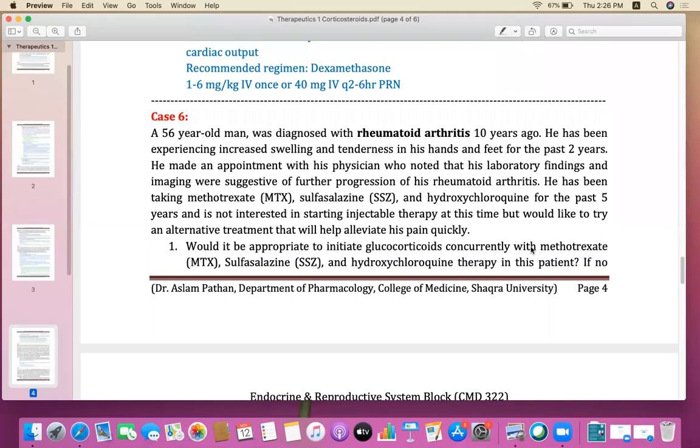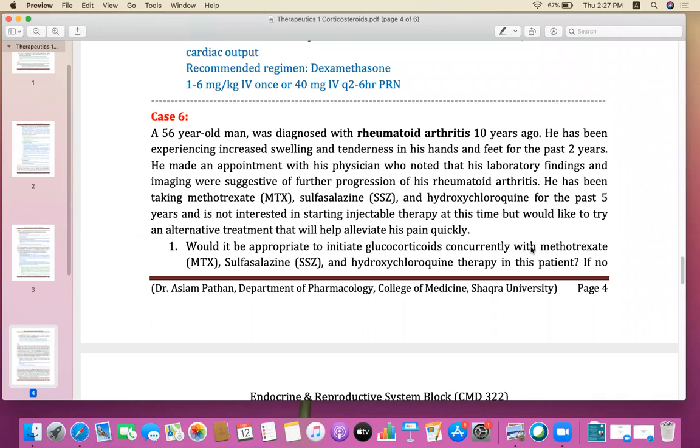He has been taking methotrexate, sulfasalazine, and hydroxychloroquine for the past 5 years and is not interested in starting injectable therapy at this time, but would like to try an alternative treatment that will help to alleviate his pain quickly.